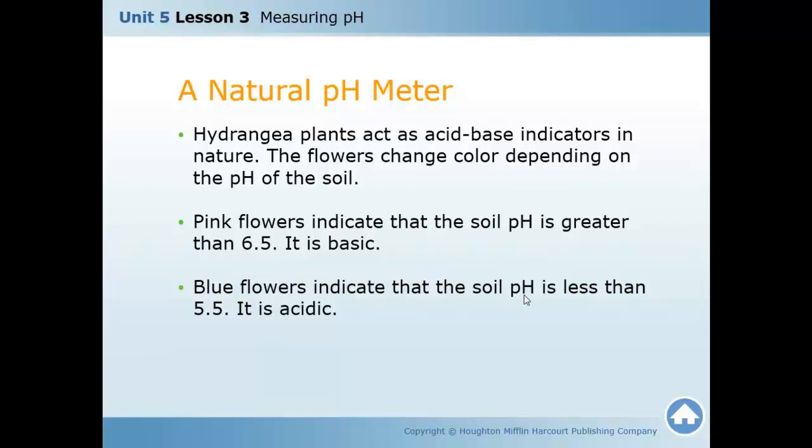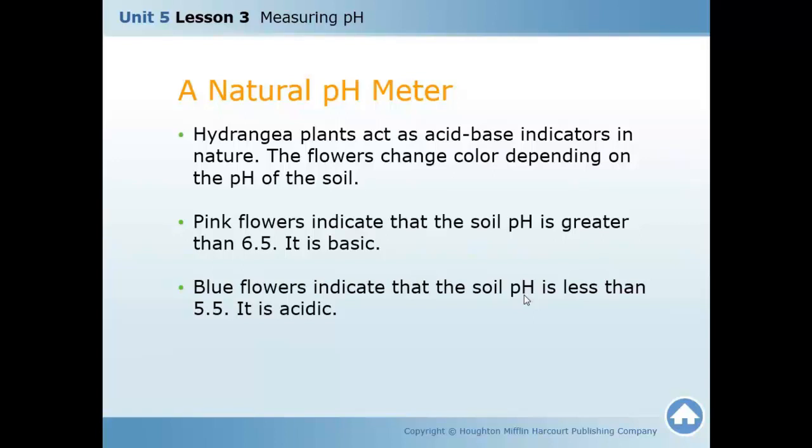Okay, so in this lesson we talked about the meaning of pH, the range of pH, equal to 7, more than 7, less than 7, and how nature helps me to indicate the pH of the soil, and how we can use other indicators, just like litmus paper, to help me detect whether the solutions around us are basic or acidic, according to the change in color.